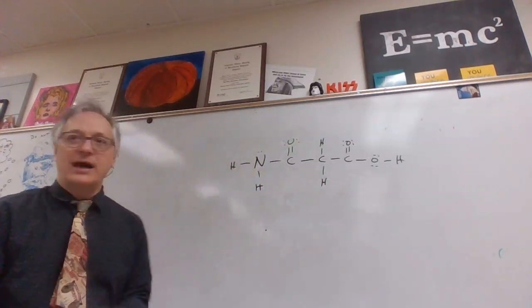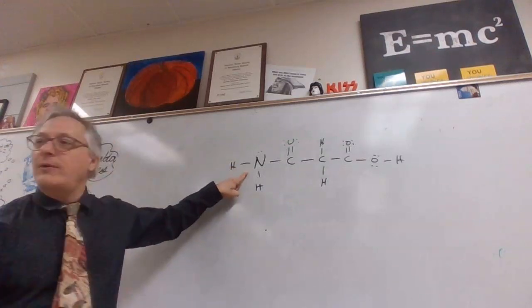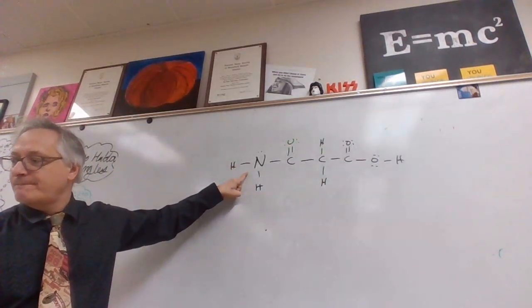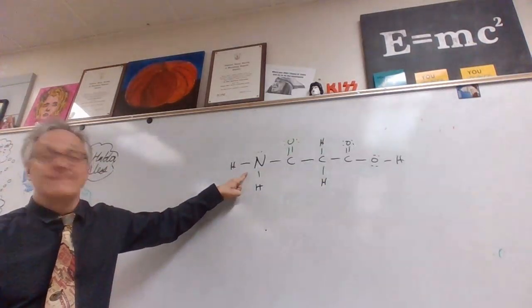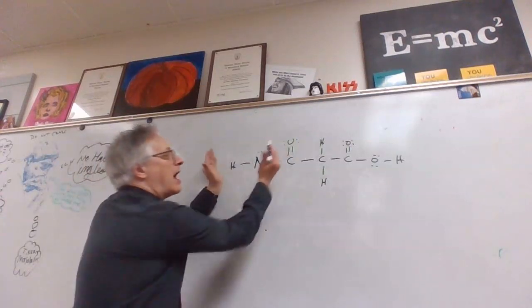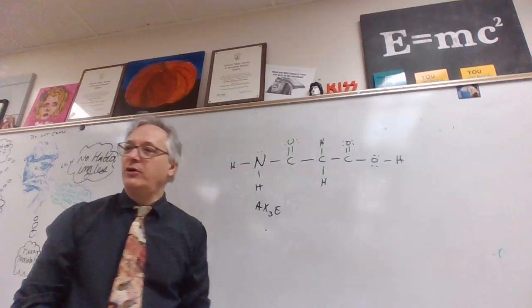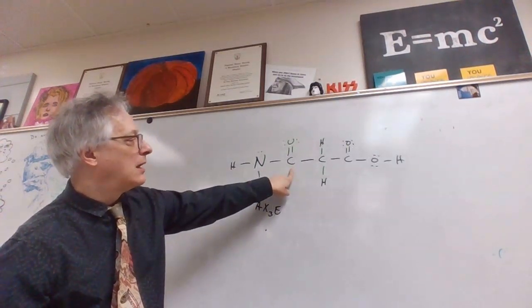So let's analyze the geometry around each of the atoms. What do you think it's going to be around that nitrogen? AX3E. Trigonal pyramid, right? Good stuff. How about this carbon?